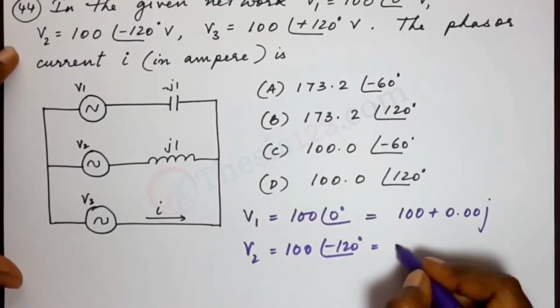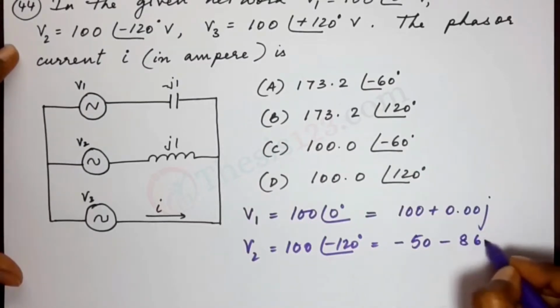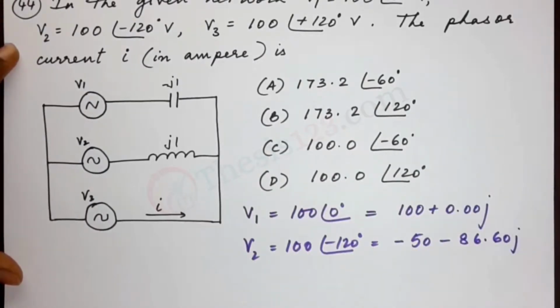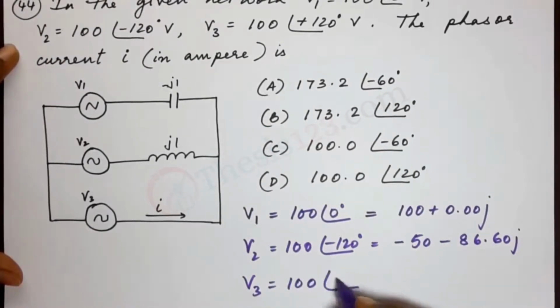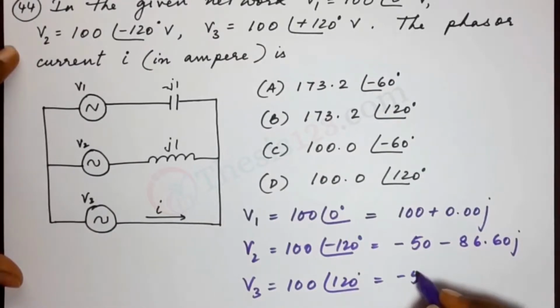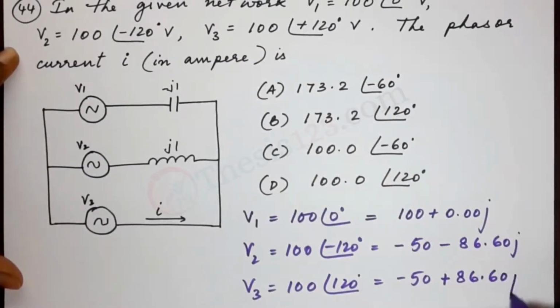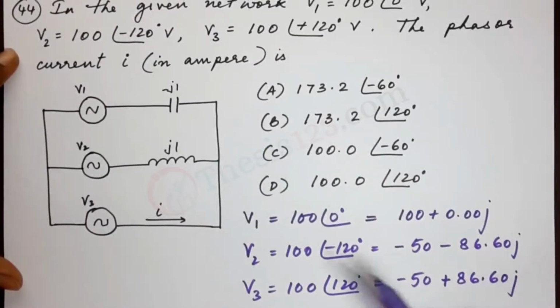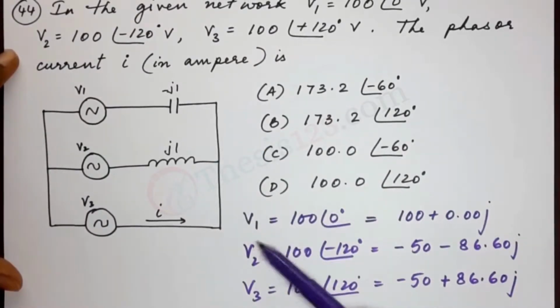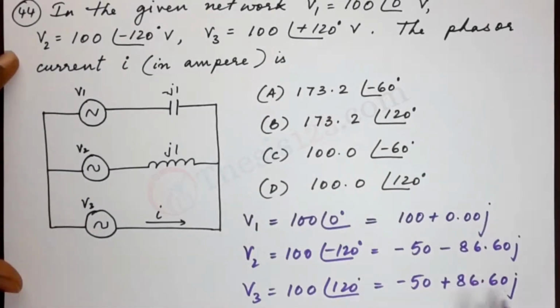Converting it into rectangular form, we get minus 50 minus 86.60 J. And then V3, 100 angle 120, is minus 50 plus 86.60 J. So these are the values of our voltage sources here in rectangular form.